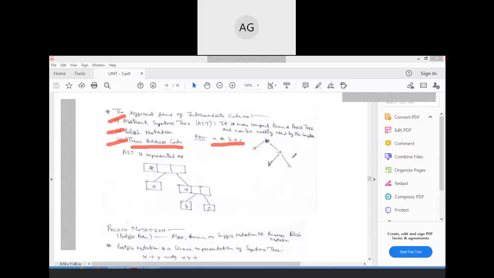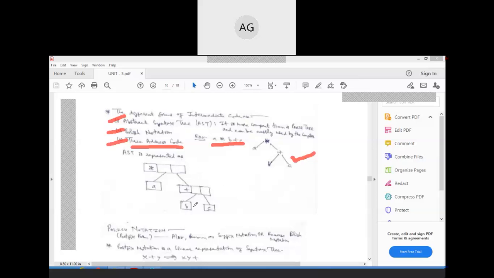This is the normal expression tree B plus C, and this is the into with A. In the abstract syntax tree we are going to use a linked list.